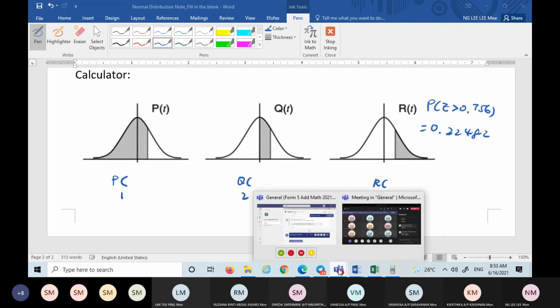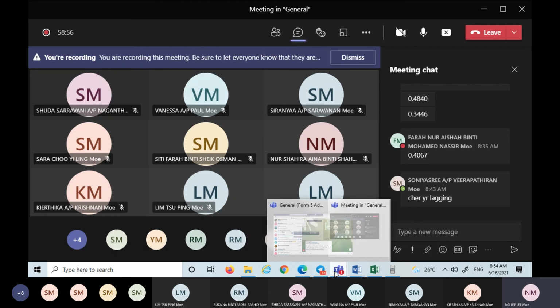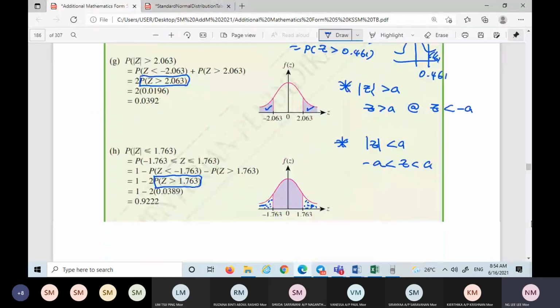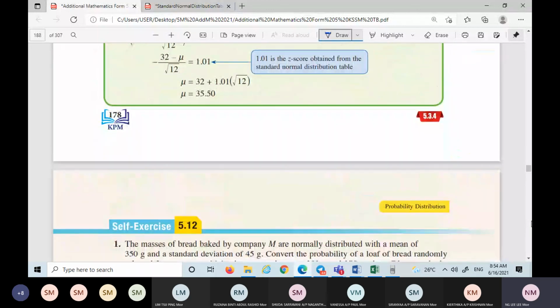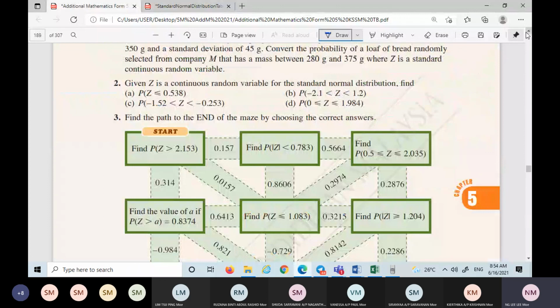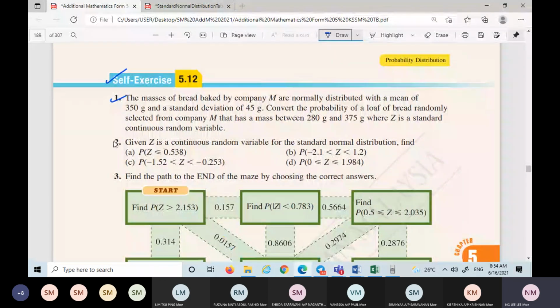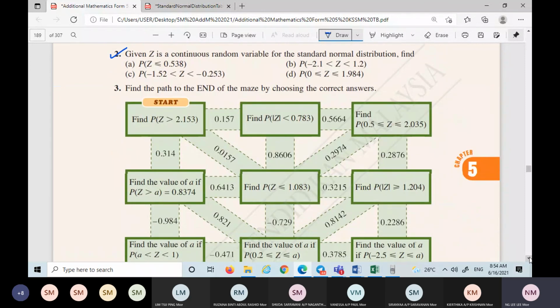If no question for me, we will come to what you have to do for your homework. For this exercise, you only do this question, this question. This one cannot.